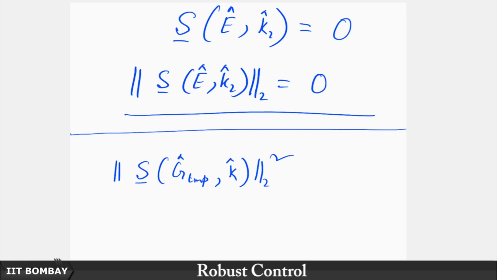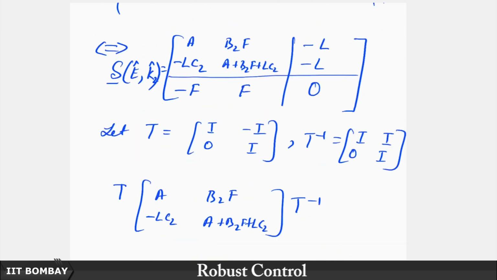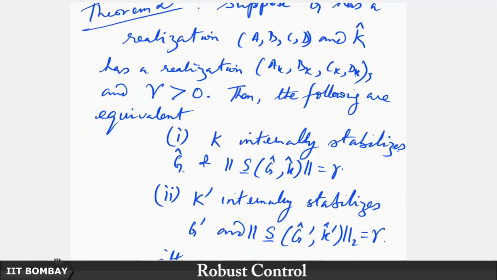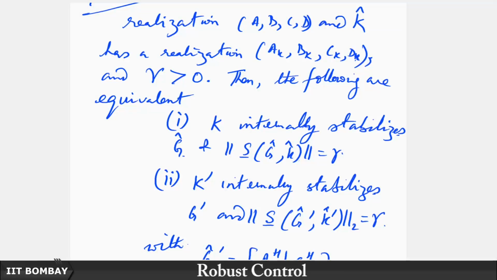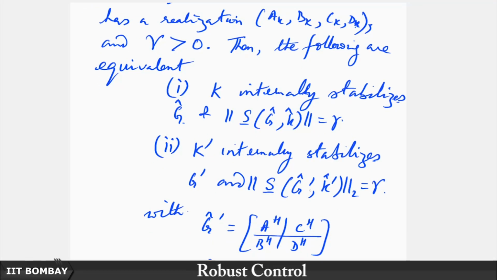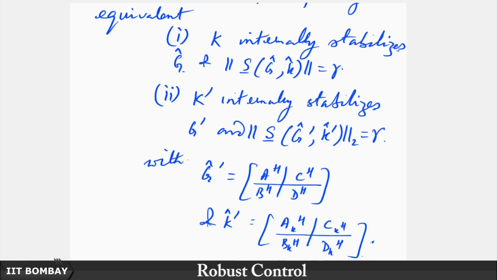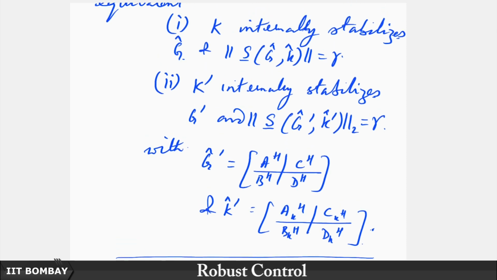I can get rid of the square here, but notice that we have already shown by theorem 2 that the norm of G hat K hat is the same as the norm of G hat prime K hat prime, where G hat prime and K hat prime are obtained by transpositions and Hermitian operations on the respective ABCD matrices. So A changes to A Hermitian, B changes to C Hermitian, C changes to B Hermitian and D changes to D Hermitian. That is what this prime operation entails, and in doing so the norm does not change one bit.